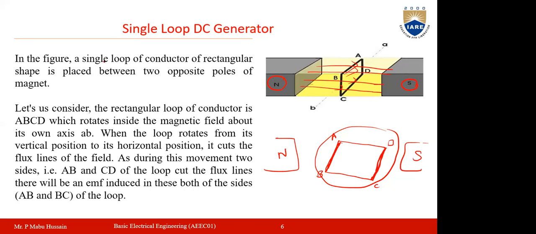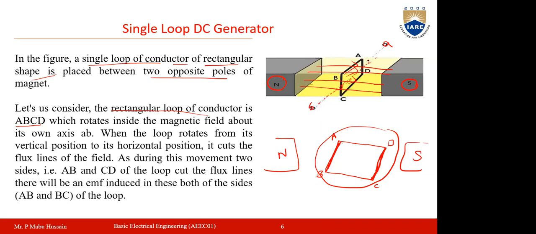Now in the figure we have considered a single loop conductor, which is of rectangular shape, placed between two opposite poles. The rectangular loop of conductor we are calling ABCD. Now this loop or coil we are going to rotate with respect to this axis, which is represented with dotted lines.